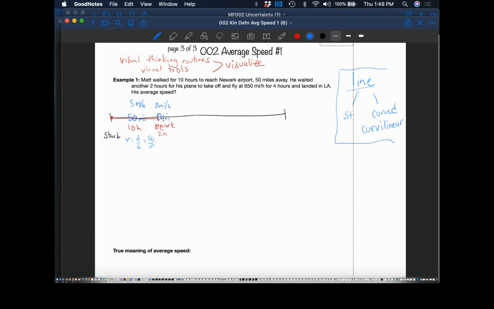And then he gets on a plane and he flies at 650 miles per hour for 4 hours and lands in LA. So we have 4 hours. And we know it's 650 miles per hour.